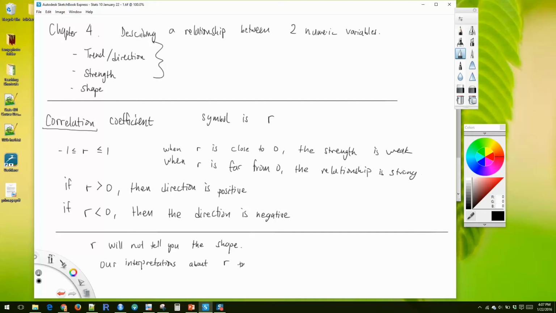The only way for us to tell if a relationship is linear or not is by creating a scatter plot. So we must first create a scatter plot.